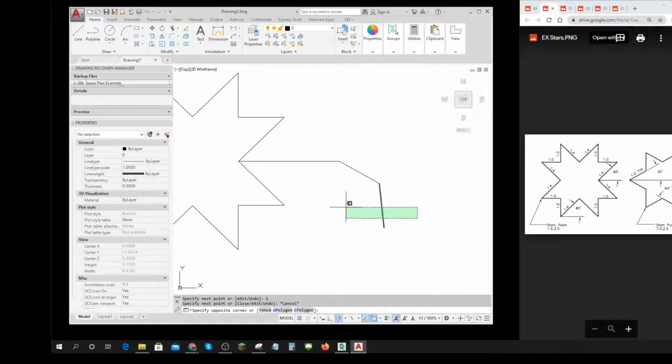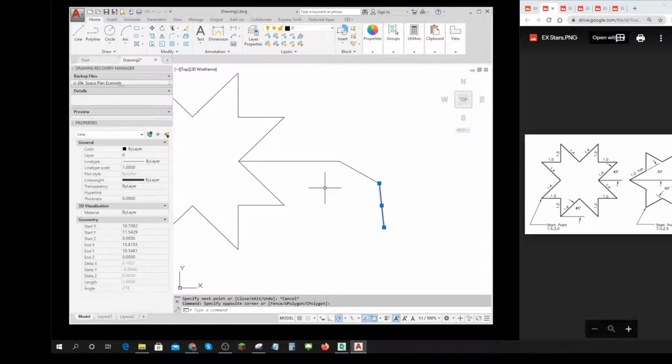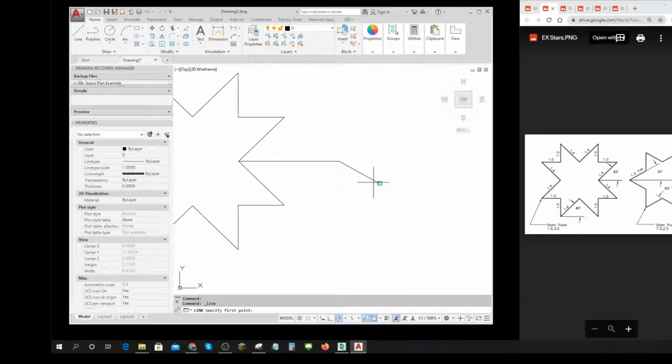Except I didn't go straight. I was sloppy. I'm just using these little things where it snaps into place.